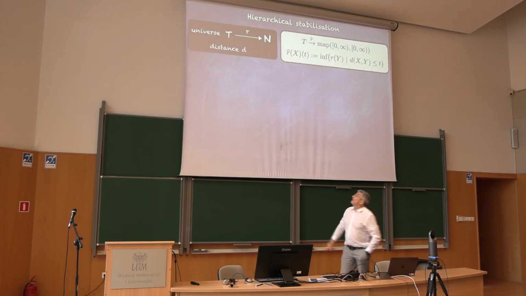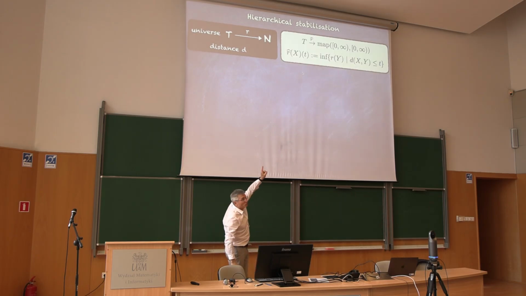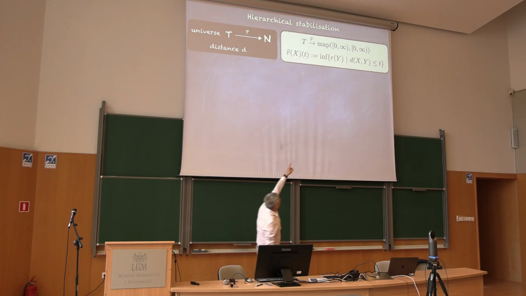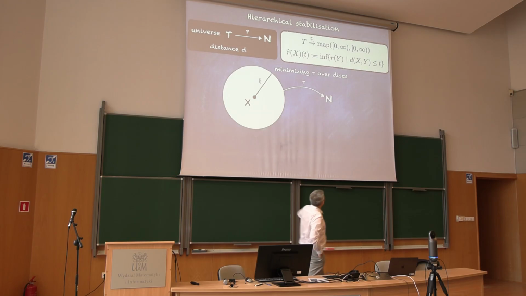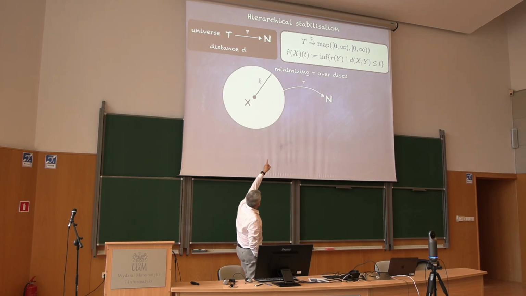I will use that information to construct a map from this unknown universe T into a much easier universe of real functions. And here's the definition. Maybe let me do this. What you do, you take an object in your unknown universe, and you want to convert it into a function.